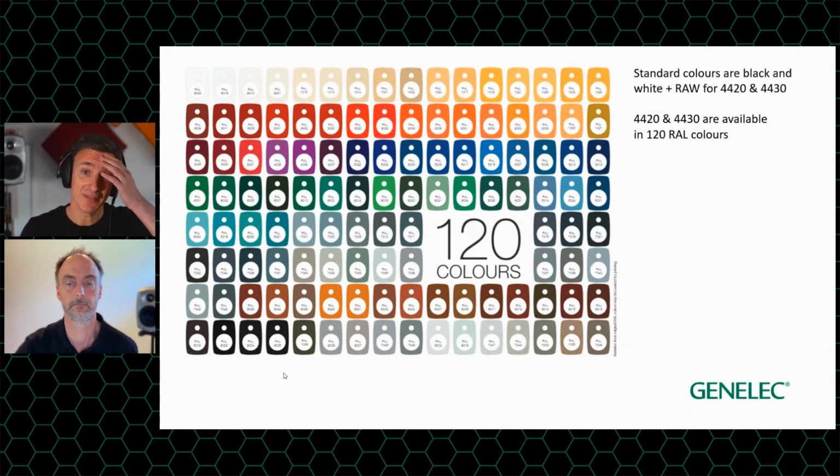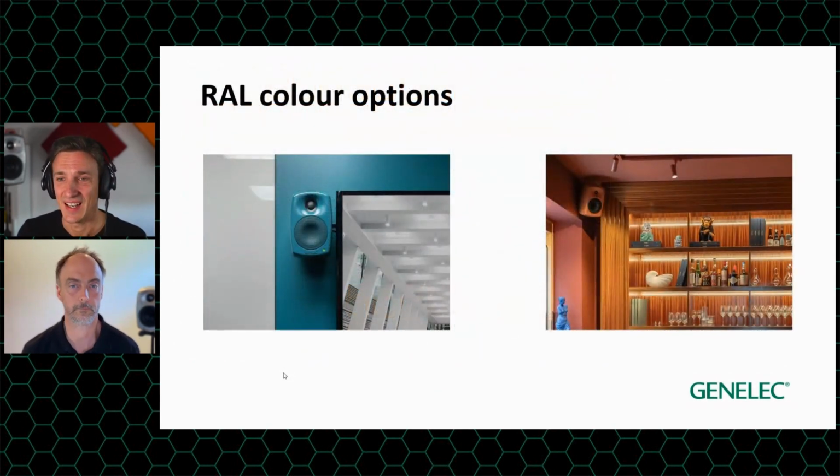And we also have available the raw option, which simply means aluminium without any additional coloring. And these are 2 examples of how you can use RAL options. As you can see on the left side, it perfectly matches the background. On the right side, it matches the interior design of, I think, a bar in Sweden.